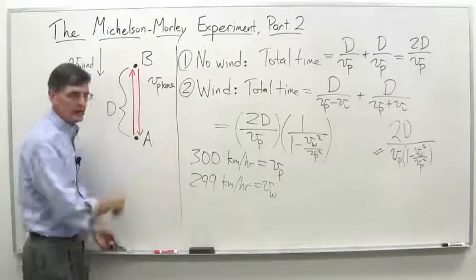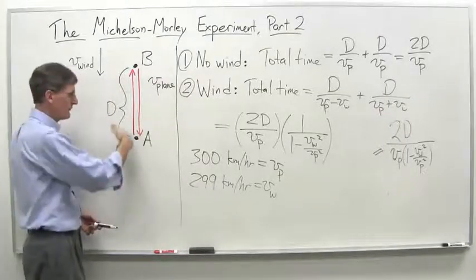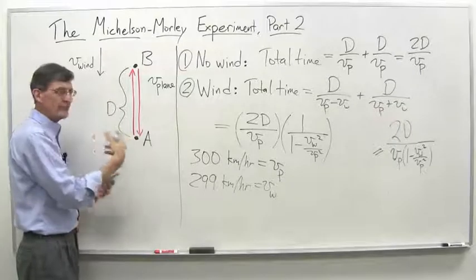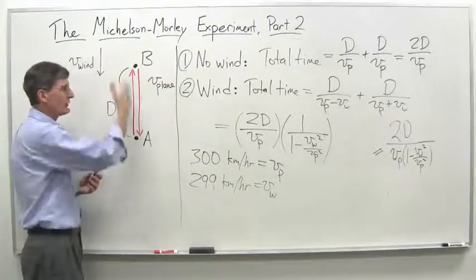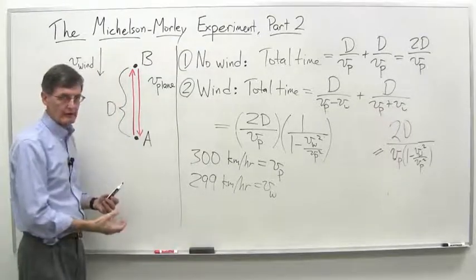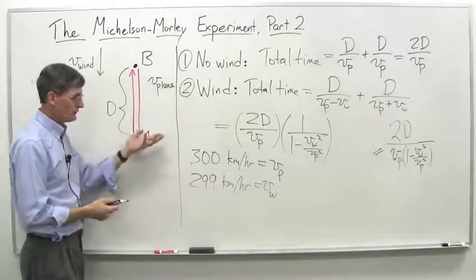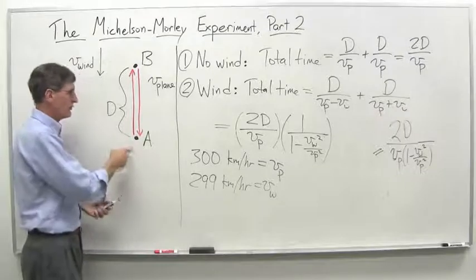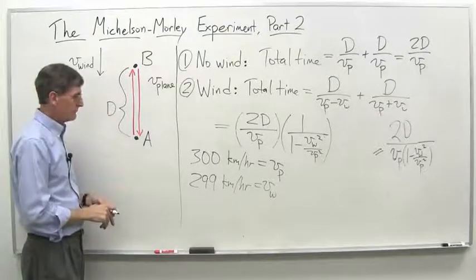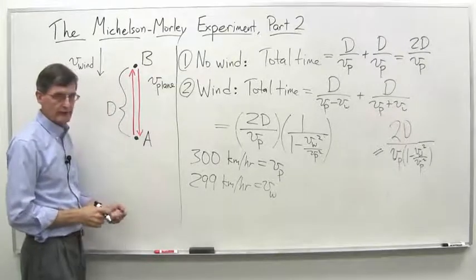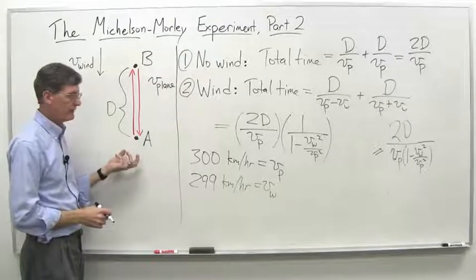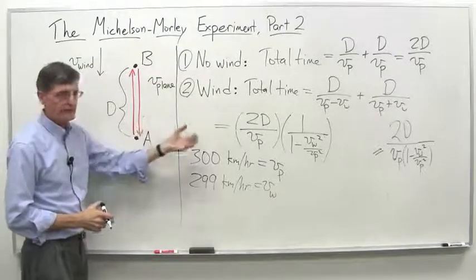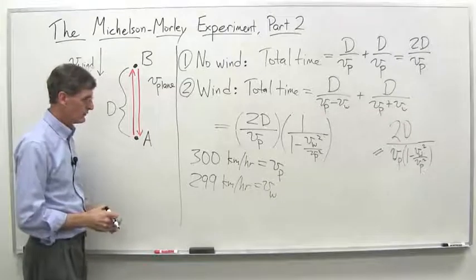It's going about 299 times slower than it did before. So it's not an equal situation in terms of going against the wind and coming back with the wind. You can double your speed in this case going with the wind, but you're slowed down many more times than just the doubling you get, much less than half the speed. And therefore you see that, yes, there's a significant difference when the wind is involved.